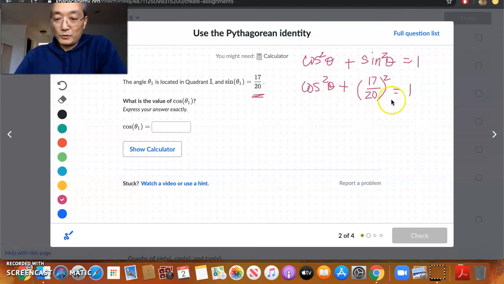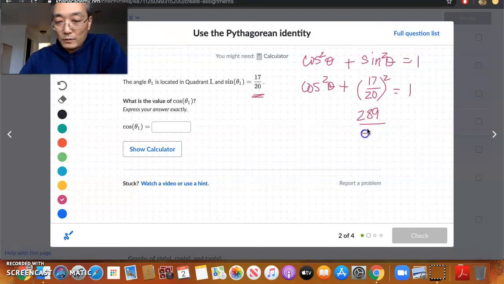Now, we can subtract 17 over 20 squared. So let's just quickly check. 17 squared is 289. So this is going to be 289 over 400.